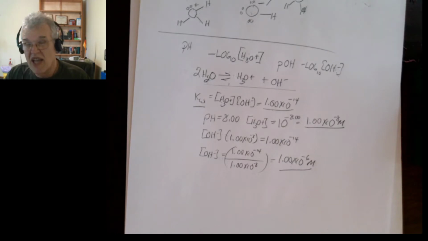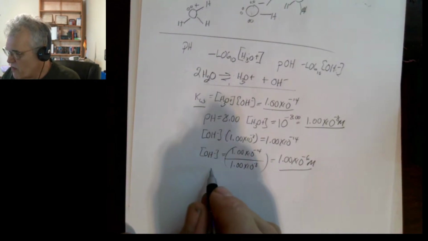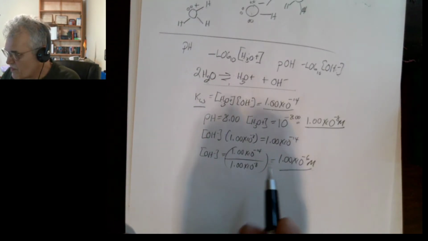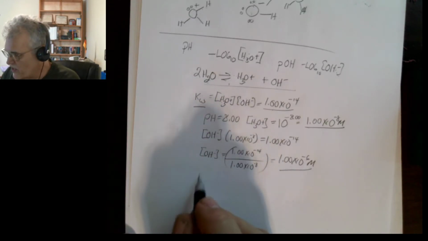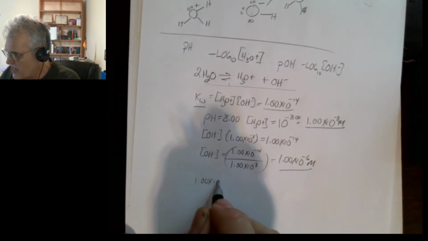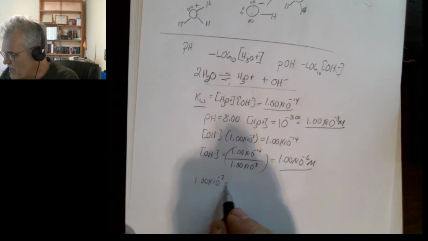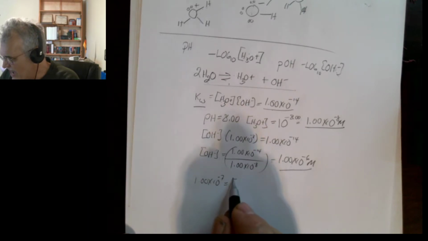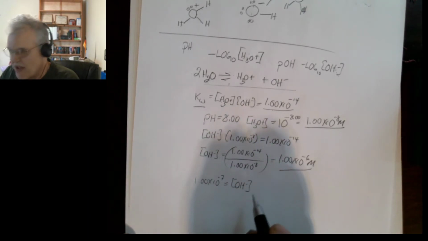So if we have a pH that's greater than 7, then we would expect the hydronium ion concentration to be smaller than the hydroxide ion concentration. So why is pH 7 neutral? Because the only way we get a pH of 7, which means the hydronium ion concentration is 1 times 10 to the negative 7, is if the hydroxide ion concentration is the same, right?